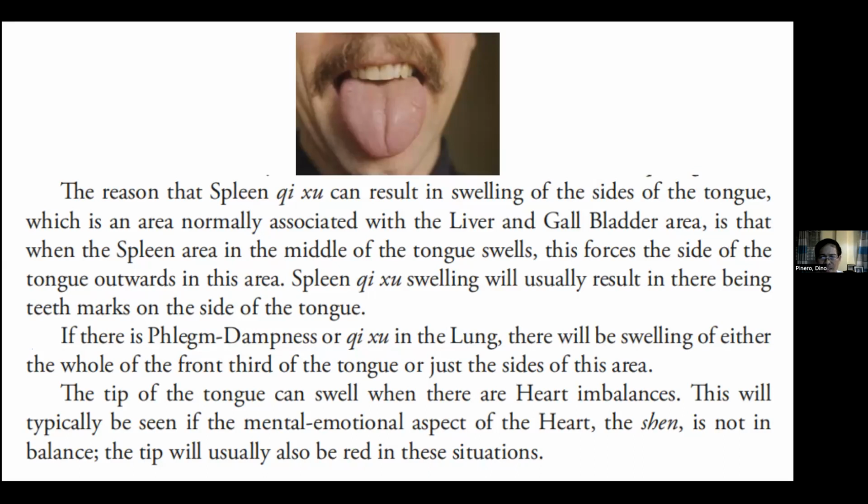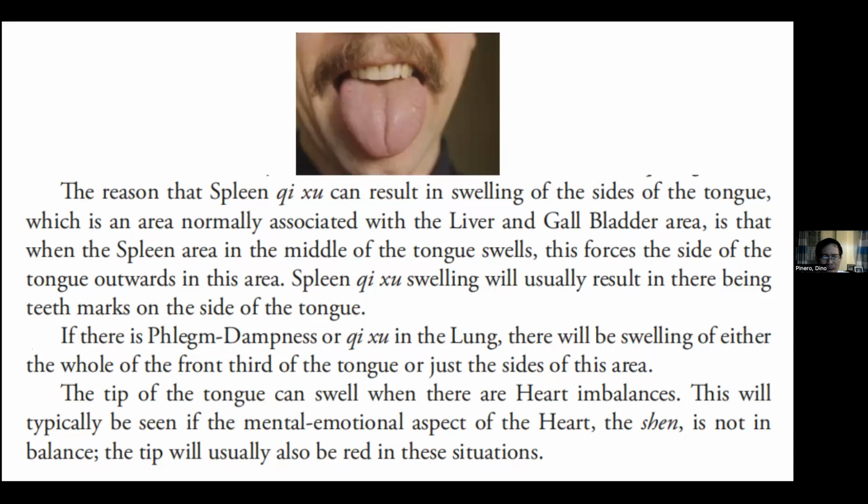This spleen qi deficiency swelling results in the presence of teeth marks on the side of the tongue. So one distinguishing factor when we check is the presence of teeth marks on the sides, and we can say that the patient's condition is spleen qi deficiency.